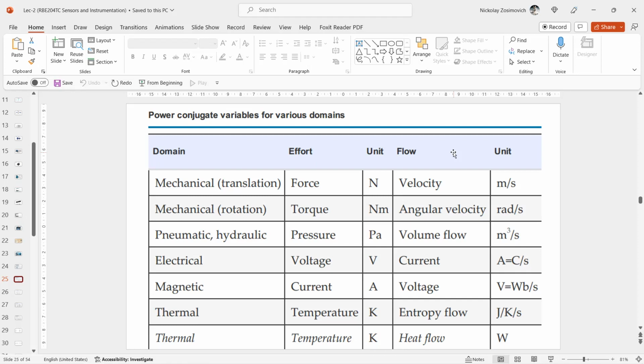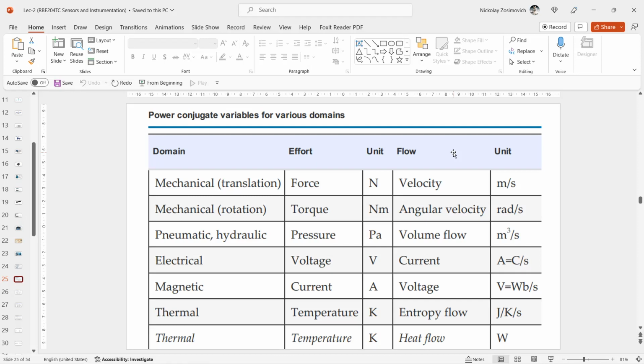Within a single energy domain, pairs of variables can be defined in such a way that their product is power, right? They are called power conjugated variables, and the members of such a pair are called effort variable and flow variable. The table on this slide lists these variables from various domains. You should note that the dimension of each product is a power, right?